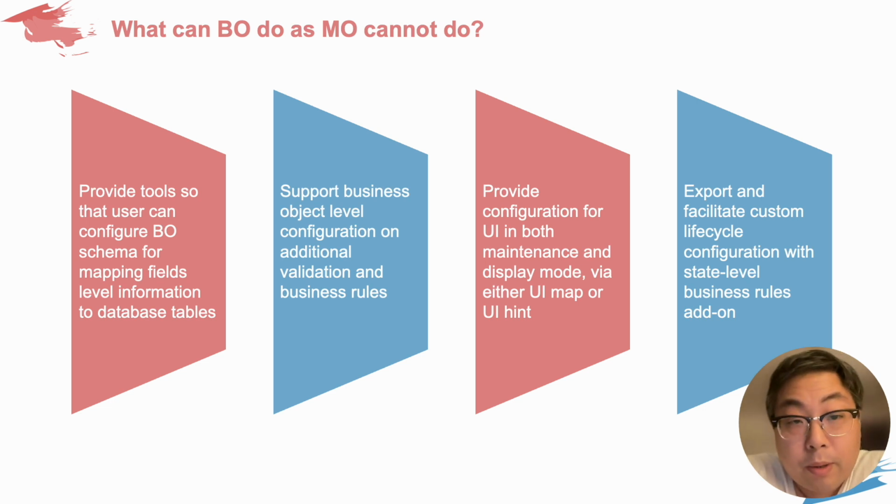There is another way, which is that you can use UI hint. UI hint is a way that you can configure your business object schema and write the schema in a certain way so that when the system reads the BO, it understands how it should be rendered on the screen.